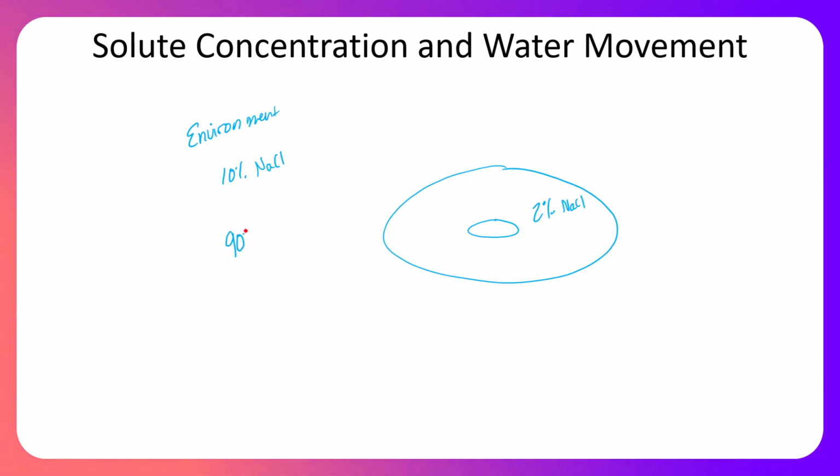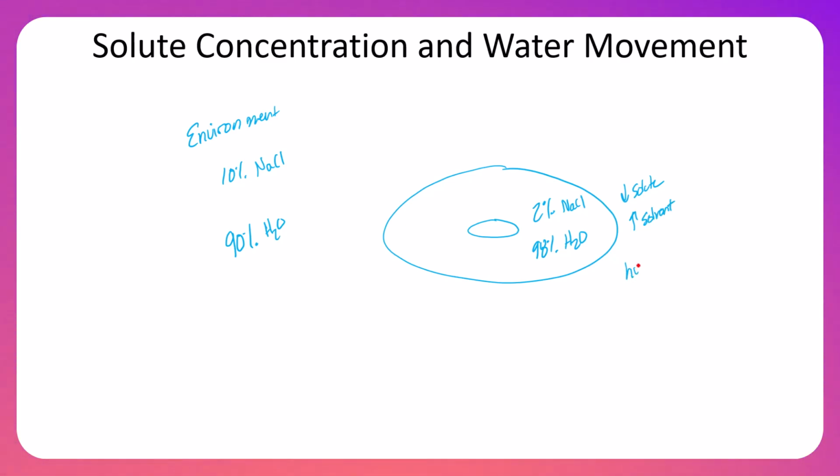Therefore, the concentration of our solvent, if there was nothing else, would be 90% water. Inside, if there was nothing else, it would be 98% water. The cell, which is 2% solute and 98% water, has a lower solute concentration and therefore a higher solvent concentration.